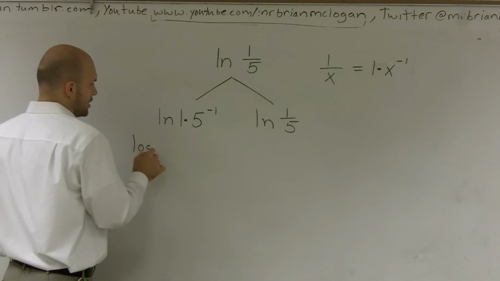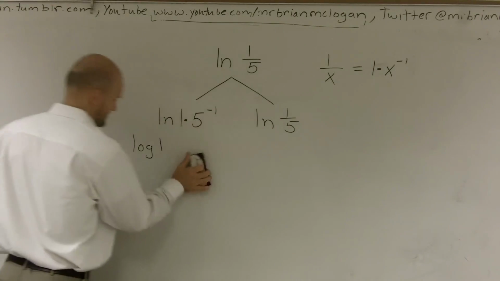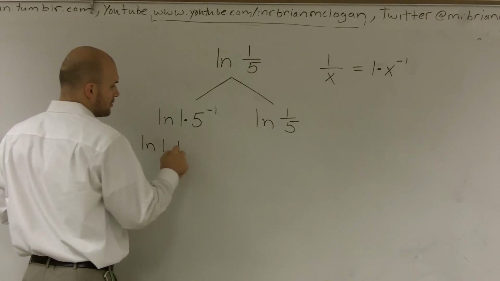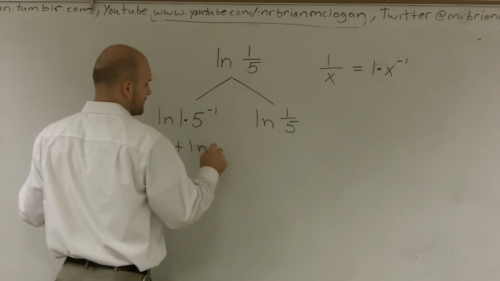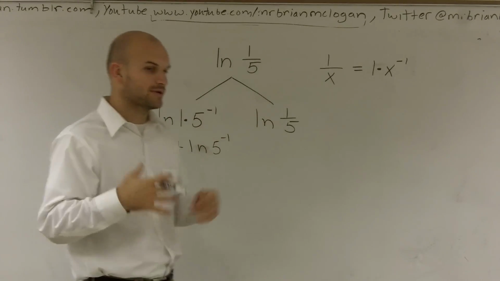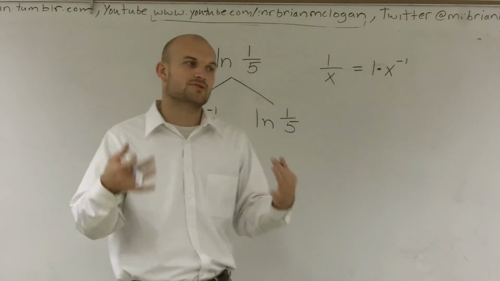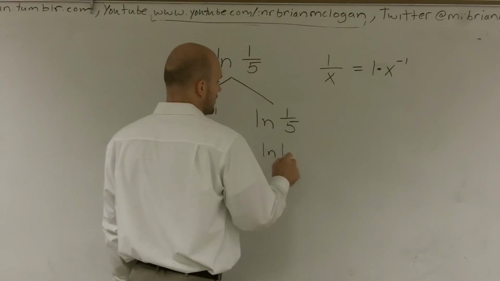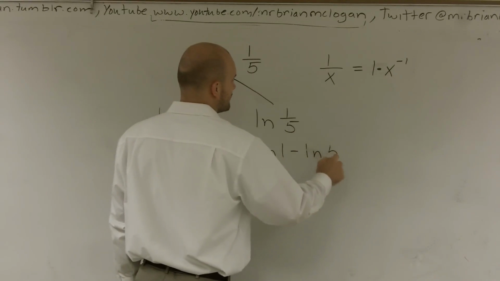So I can rewrite this as ln of 1 plus ln of 5 to the negative first power. And whenever we're dealing with division, you could also write it as two separate logarithms using subtraction. So I could write this one as ln of 1 minus ln of 5.